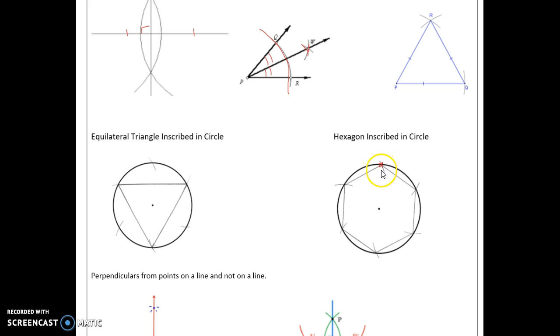So you're measuring right from here to here, and then you take your compass point and you put it on the same spot, and you make 6 little arcs. The only difference between these two constructions: with an equilateral triangle, you're connecting every other arc, whereas a hexagon, which means 6 sides, hex 6, you want to make sure to connect all of the arcs.